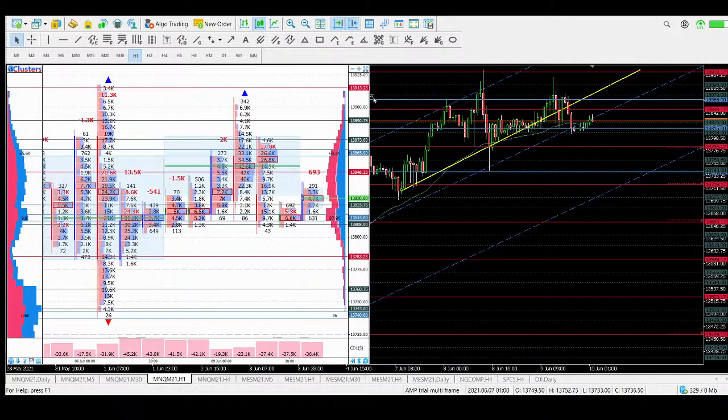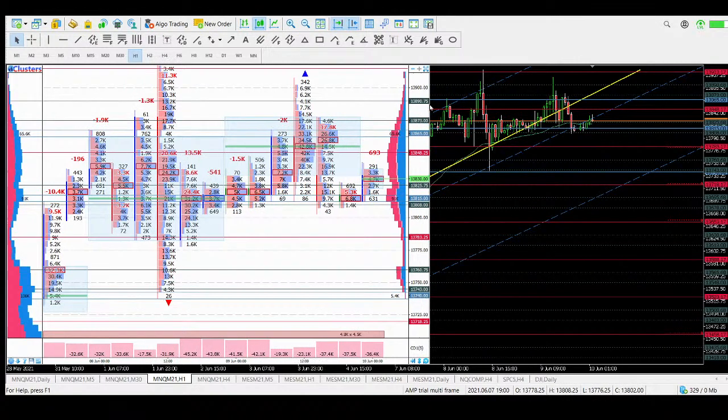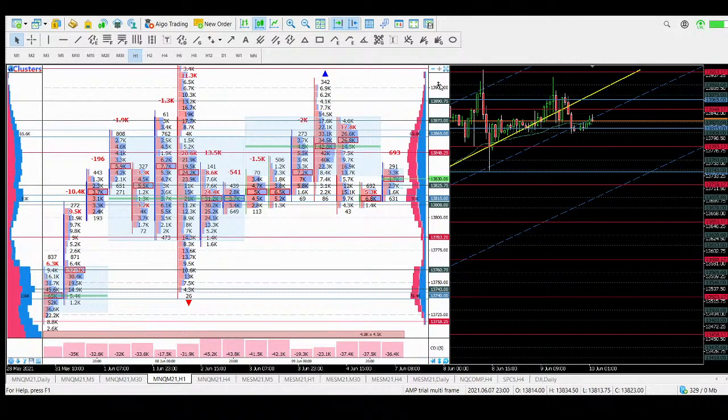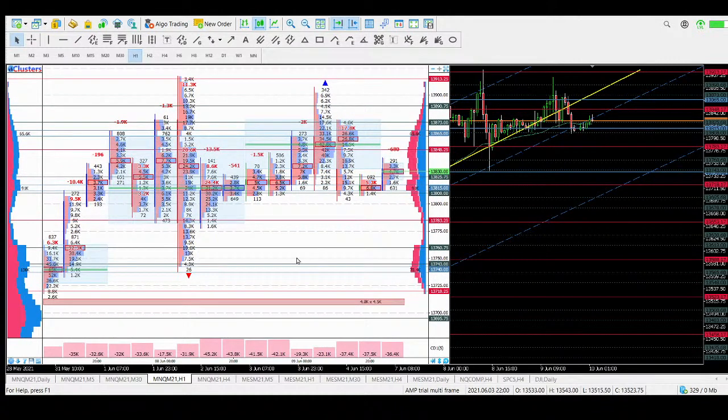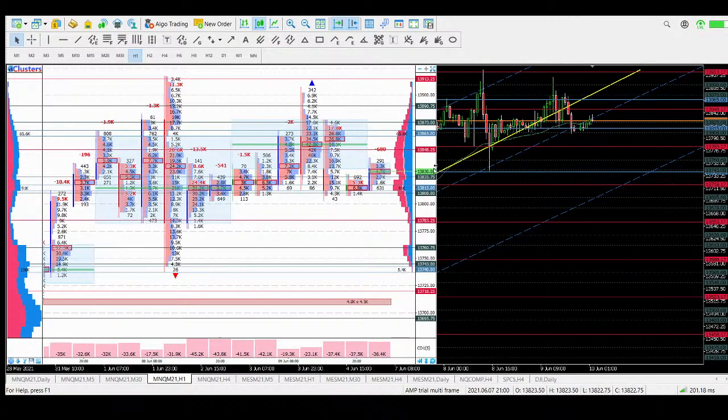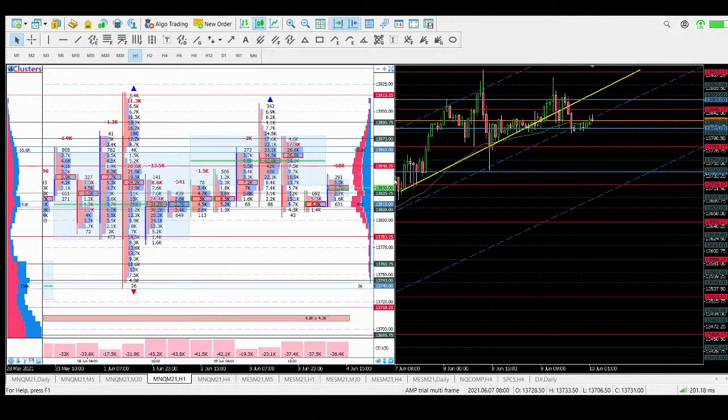It tells me where the major traded levels are, buyers and sellers. So this is where you see all the transaction records.